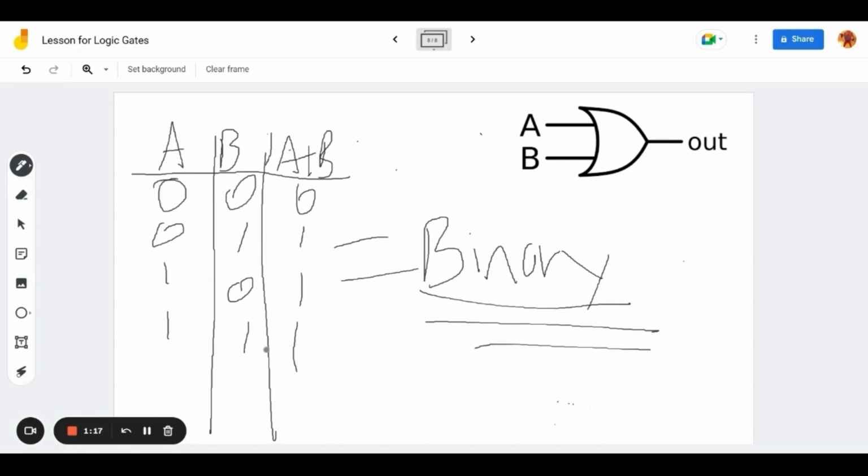This basically means that for this logic gate, if there's a 1 for A and a 1 for B, this means that it is on. It's not off, it's on. That's basically all it means. So don't worry about it being equal to 2, 3, or 4. Just know that in an OR gate, 1 plus 1 equals 1, which means it's still on, which means the logic gate is still processing.